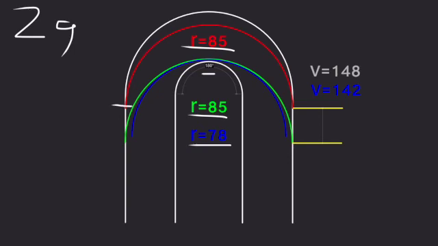Red misses the braking point, for example, and misses the apex. But in this case, the 180-degree corner will have the same radius as the optimum, which is green. And therefore they will have the same speed of 148 kilometers per hour.